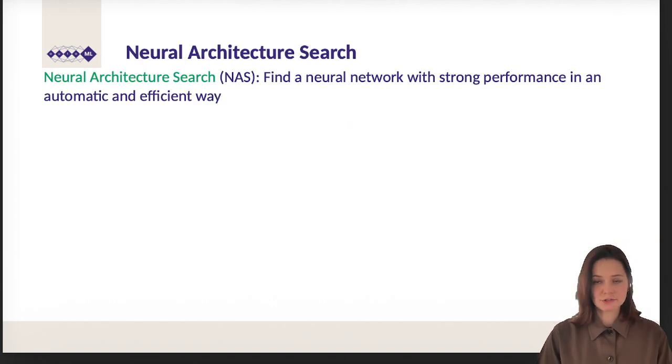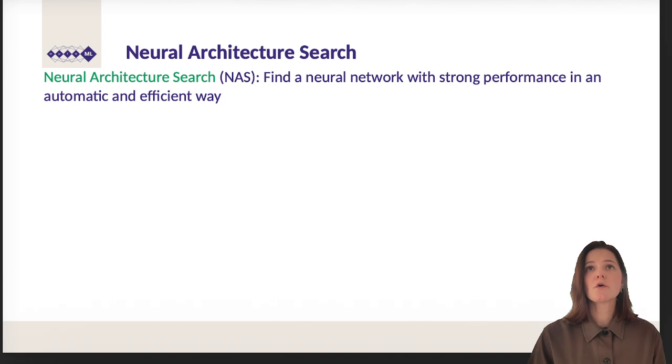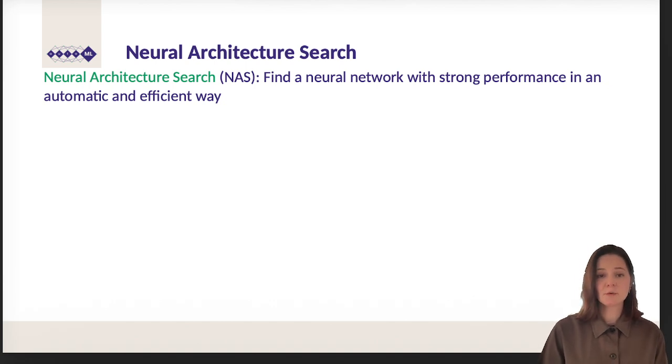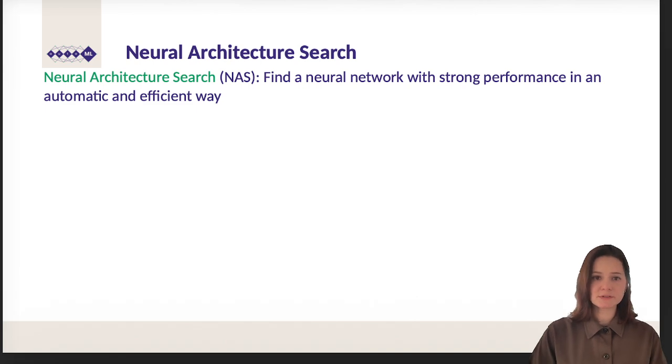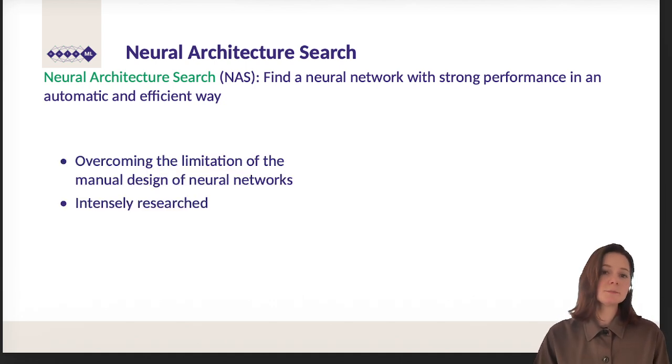Neural architecture search, in short NAS, is an option to overcome this manual design. So neural architecture search aims to find a neural network with a strong performance in an automatic and efficient way on a downstream task of interest. Therefore, we want to overcome the limitations of the manual design of neural networks.